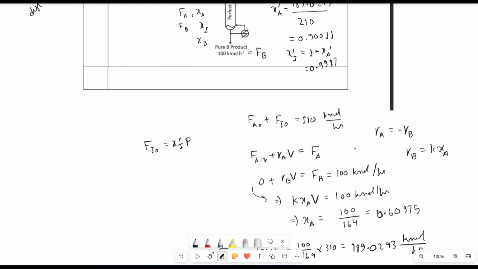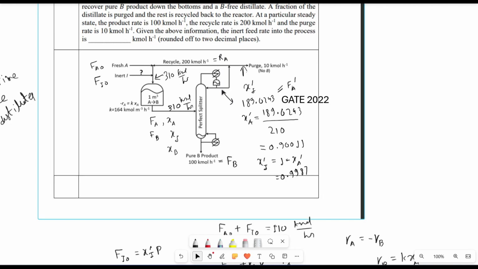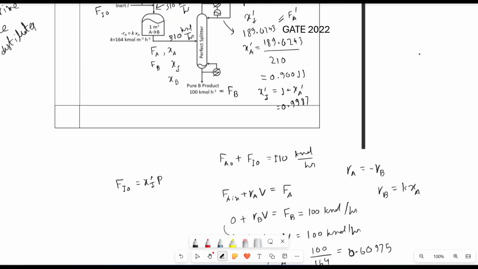I mentioned this as X I prime, the distillate concentration, and this is the separator. So X I prime will be the same in the purge also. X I prime is given by 0.09987 into the purge flow rate of 10.